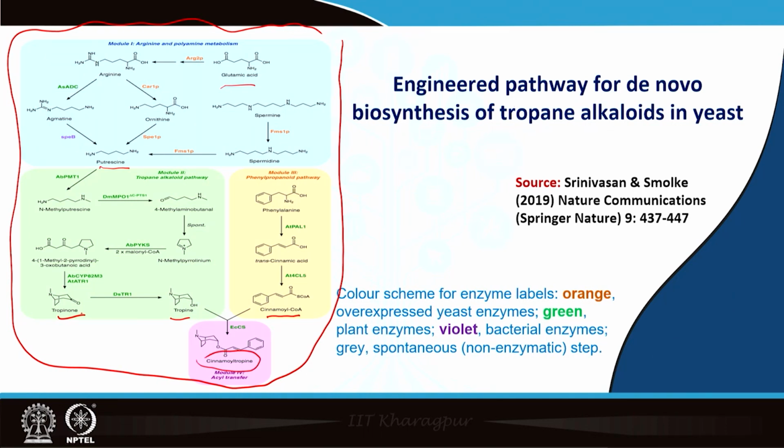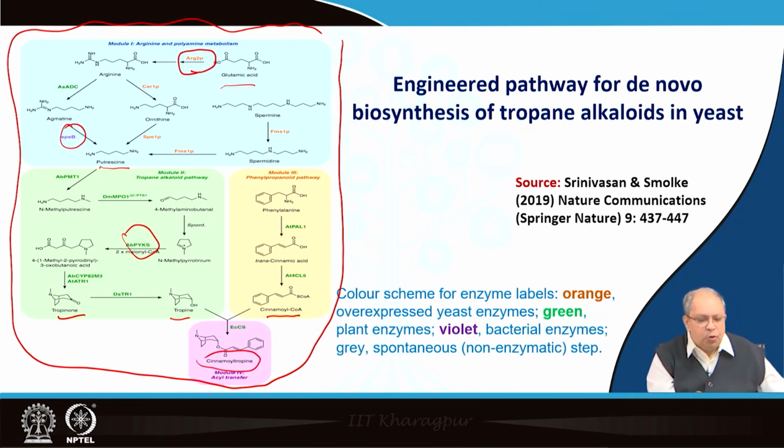Now, tropine itself is basically a tropane alkaloid. In this publication, they successfully declared that tropine can be produced in yeast by transferring genes, one from a microbial source and several from plant sources, altogether around 15 genes, and a few yeast genes were suppressed or deactivated.